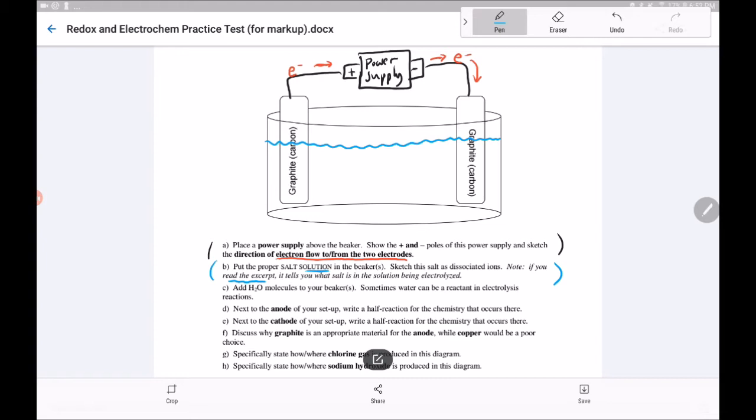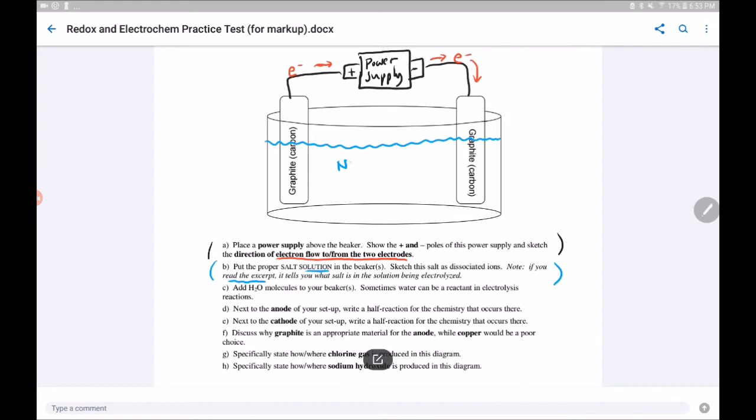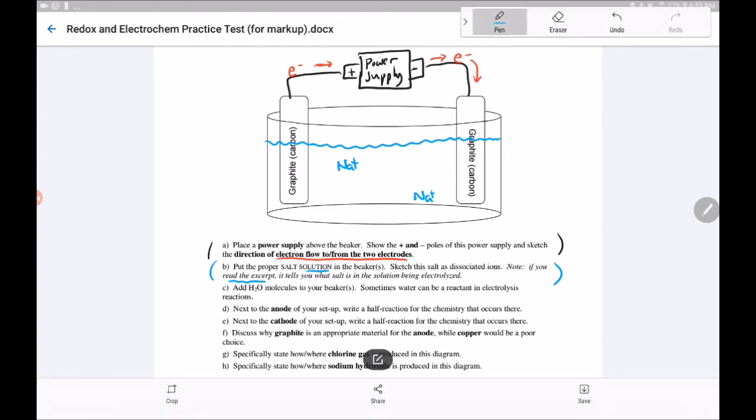It says 90% of the chlorine is generated from the electrolysis of sodium chloride solution. Sodium chloride solution. Those ions are dissociated. All right, there's a representation of the sodium chloride solution.